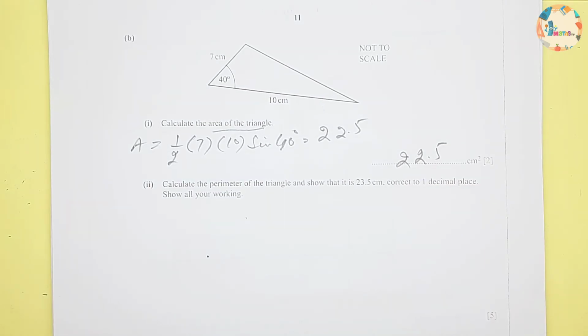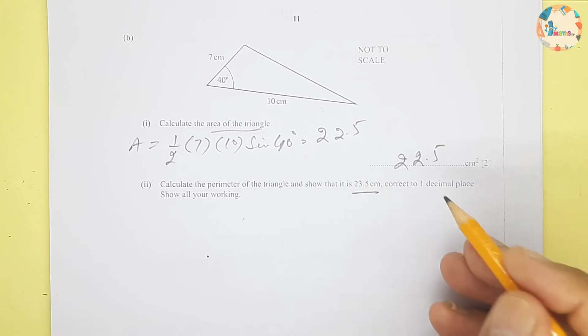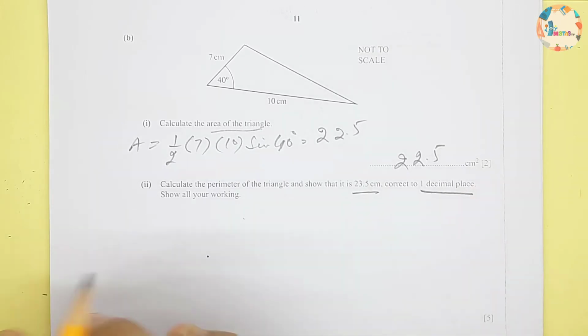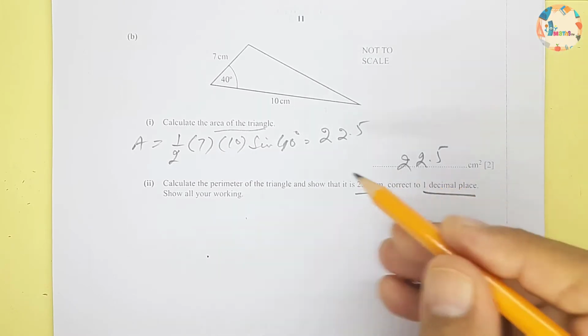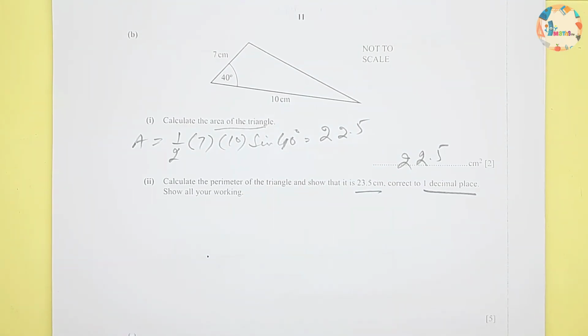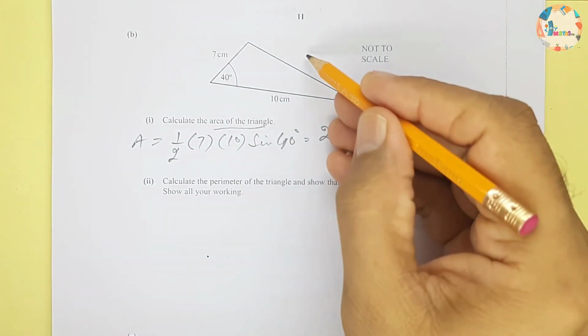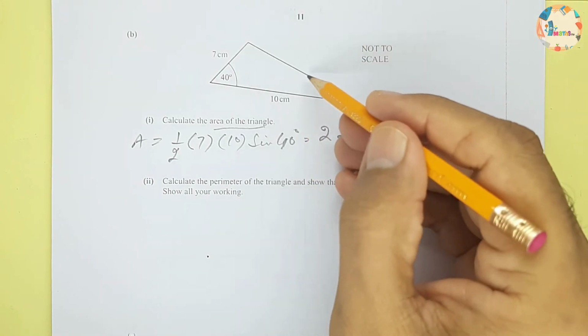Calculate the perimeter of the triangle and show that it is 23.5 centimeters, correct to one decimal place. Show all your working. So we have calculated the area, this one. For the perimeter we require this side, which we don't have, so we'll have to find this side by the cosine rule.